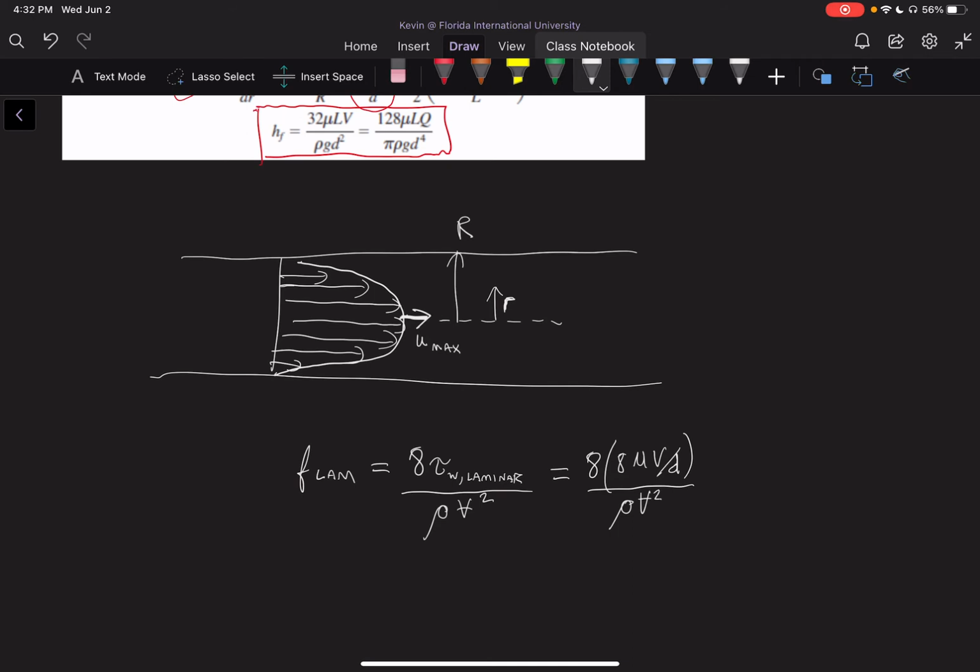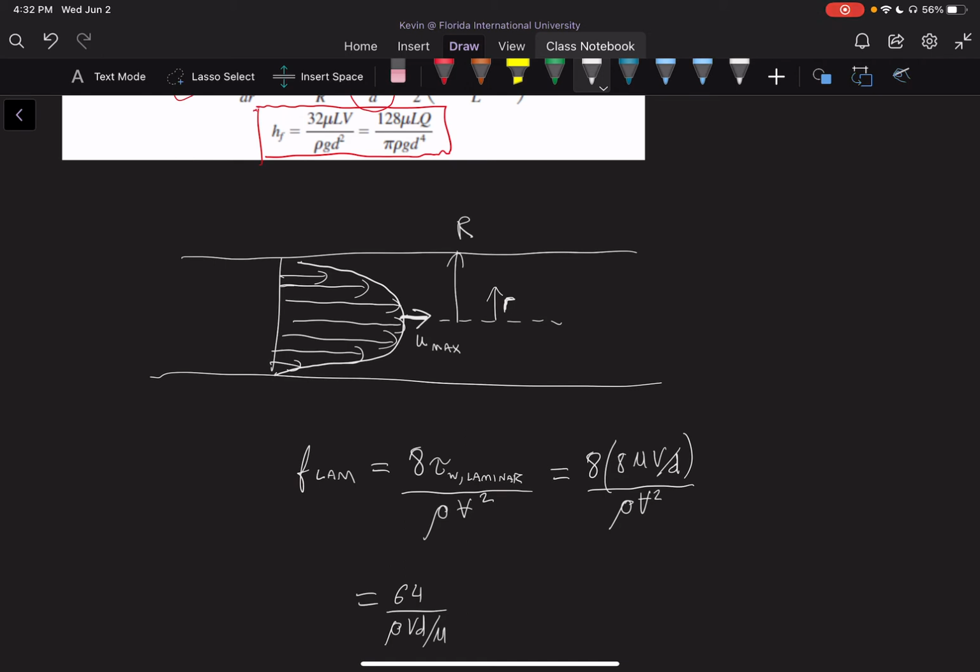Okay, so now we're looking specifically at laminar flow. Before we were looking at a general equation for laminar and turbulent flow. Now we're looking only at laminar flow and looking at this specific type of flow called Poiseuille flow. So moving forward from that, we can now simplify and say that this is equal to 64 over rho V D over mu.